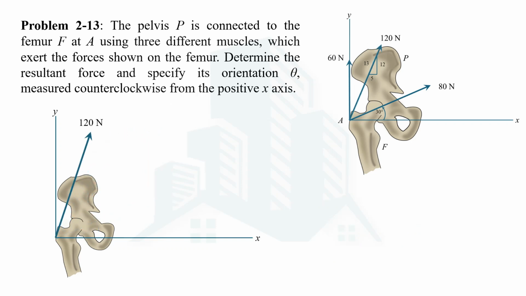Now taking the third force, which is 120 Newton. Since an angle is not given, we can determine this angle using this triangle. So this angle would be the same as this angle. Using the tan inverse formula, because we know each side of this right angle triangle, simply dividing the perpendicular by the base, we can determine the tan inverse.